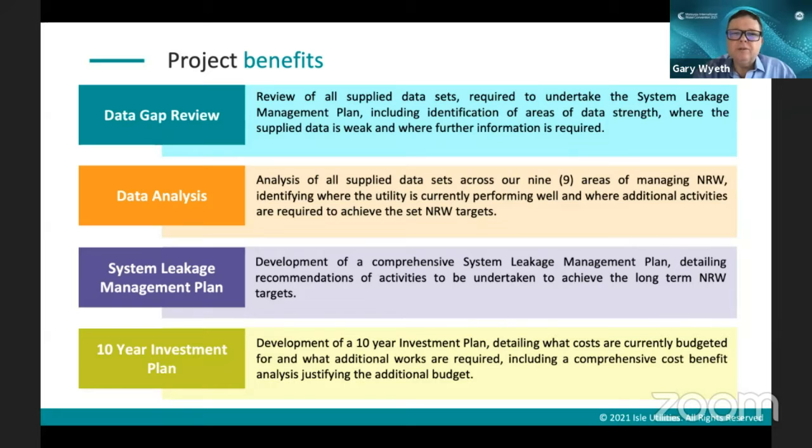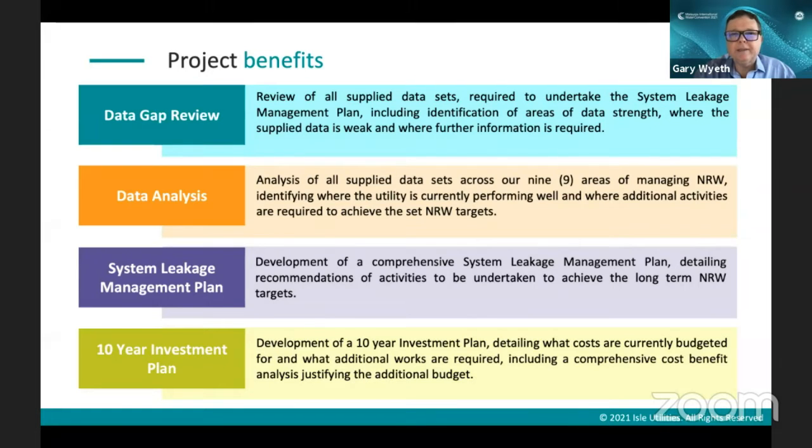Quite often utilities will know what they have to do, but having a plan like this, which states quite clearly what needs to be done to achieve certain targets, helps utilities to get clearance from their board or whoever is funding the works to say, okay, we need to do this. This is why we need to do it. Let's do it.